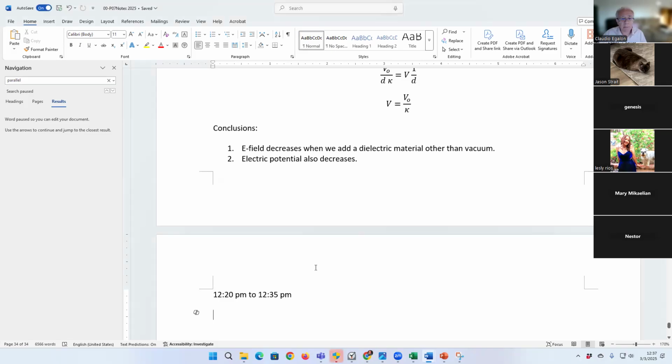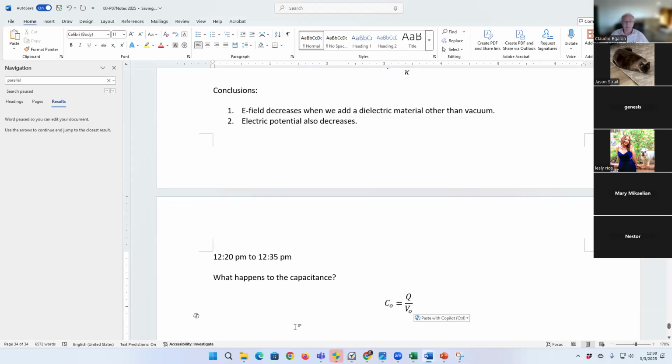Okay, so we found out that the electric field decreases and the electric potential also decreases. But what about the capacitance? What happens to the capacitance? Capacitance goes like that. First, we calculate the capacitance without the dielectric, it's C naught. Then we calculate the capacitance with the dielectric.